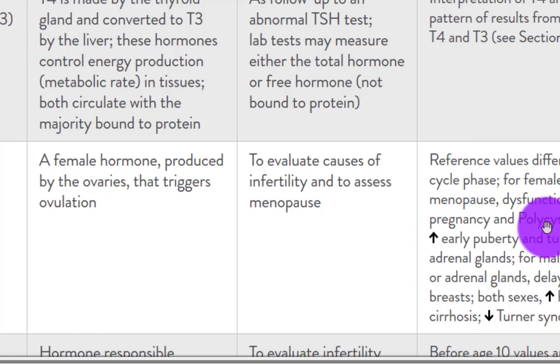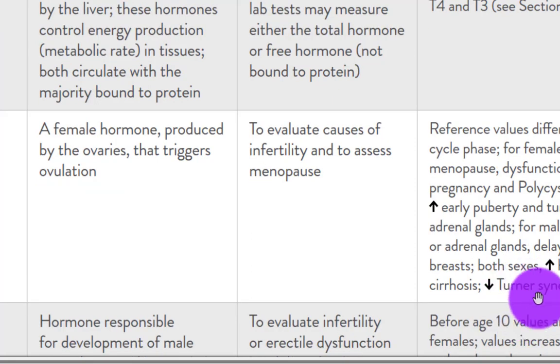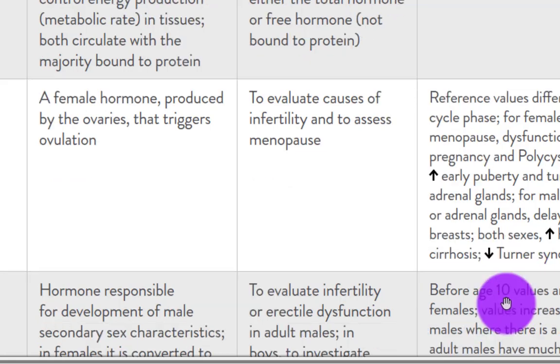Increase in dysfunction of ovaries, failed pregnancy, polycystic ovarian syndrome, early puberty, and tumor of the ovaries and adrenal gland. For males, increase in tumor of testes and adrenal gland, delayed puberty, and enlarged breast. Both sexes, hyperthyroidism and cirrhosis and Turner syndrome.